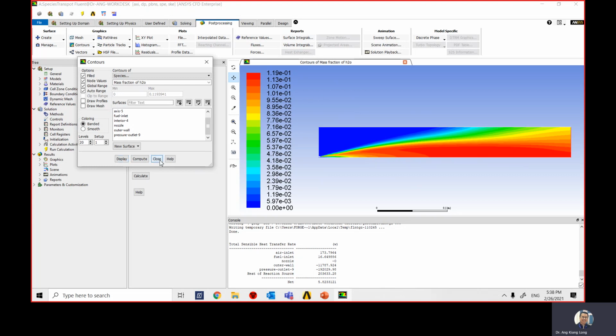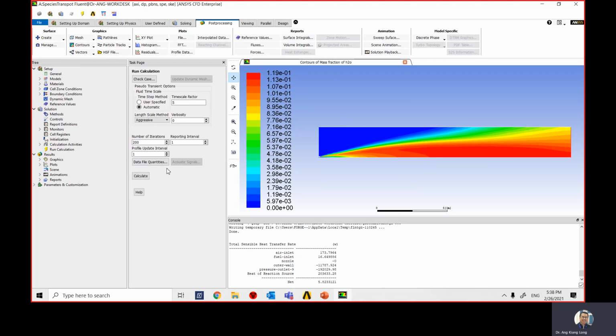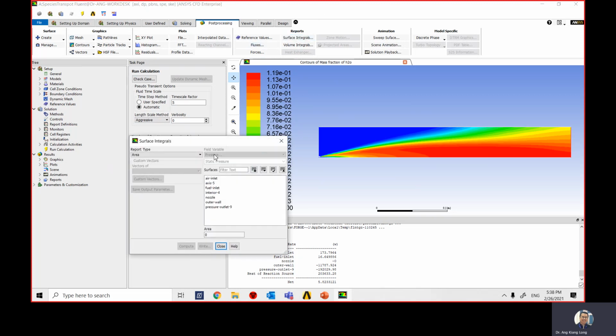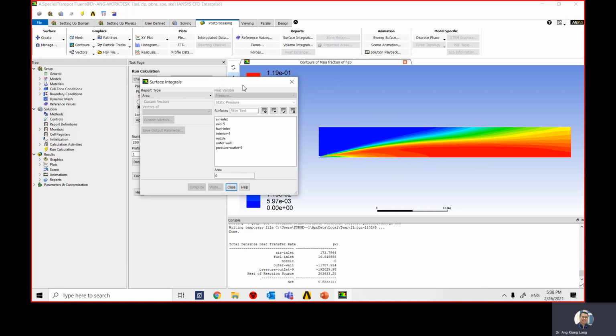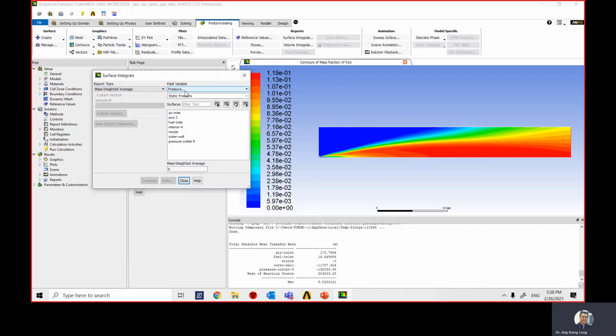All right, so you close this one. The next one, you can also see the average exit temperature. So you go to post-processing, you go to report, and you go to surface integral. Under surface integral, you want to look for mass, report type mass weighted average, and we want to look for temperature.